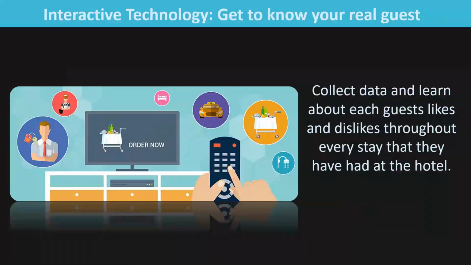Let's talk a little bit about interactive technology, what's going on in hotels today. I think that this is improving the online and offline experience of staying at that particular property.